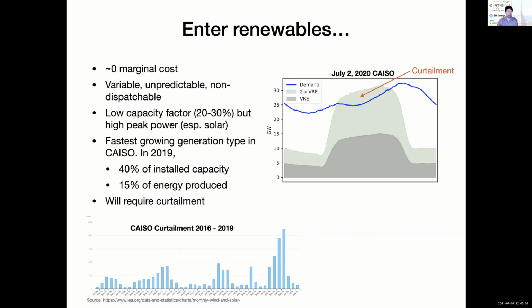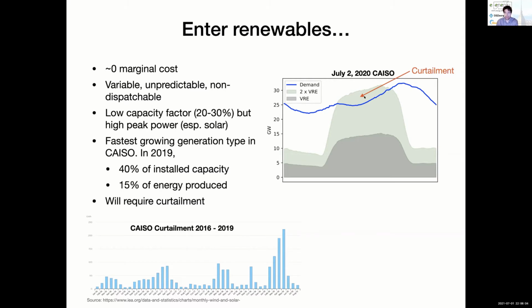That said, in most markets now, at least in the US, renewables are the fastest growing generation type by far, and already in the California ISO market, CAISO, they represent a good chunk of the installed capacity. But because of this low capacity factor, high peak power profile, curtailment happens. And this is on the right-hand side. I've scaled up an actual demand curve from last year around this time, and I scaled up by 2 times the amount of renewable energy that was available on that day.